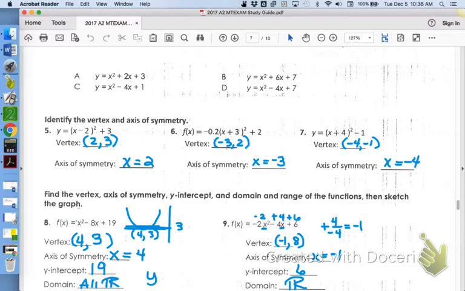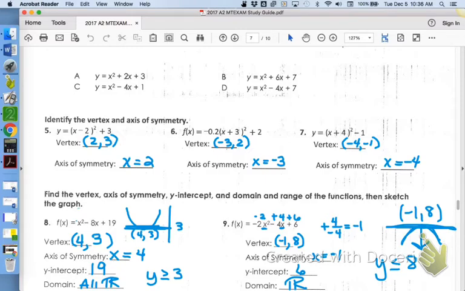So it's going to be y is greater than or equal to 3. Over here, this parabola is going down. So the maximum point here is negative 1, 8. So the highest point here is at 8, and it's everything less than that. So it's y is less than or equal to 8.